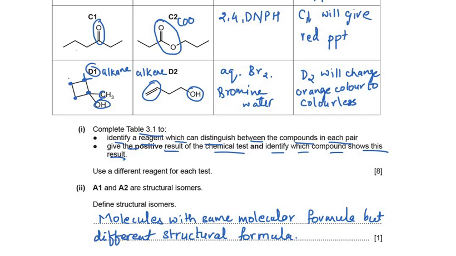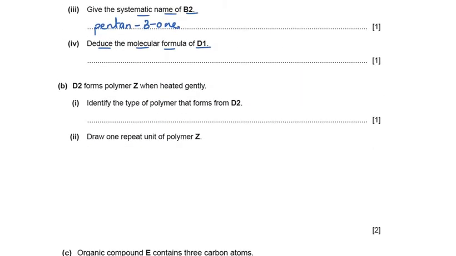So here are 2 hydrogen, 2 more hydrogen, so 4, 5, 6, 6 plus 3 hydrogen, so 9, and 1 more hydrogen, so 10 hydrogen and 1 oxygen. So the molecular formula of D1 is C5H10O, because there were 5 carbon atoms, 10 hydrogen and 1 oxygen, as we had counted.